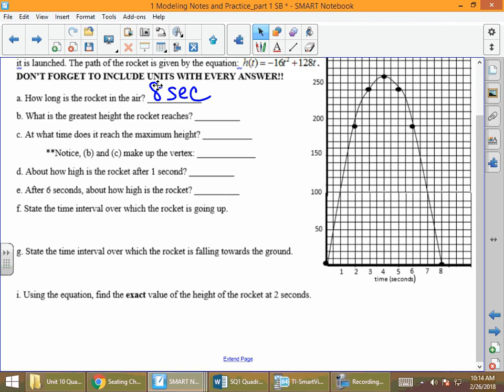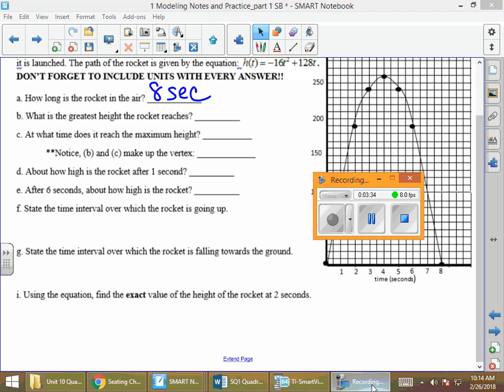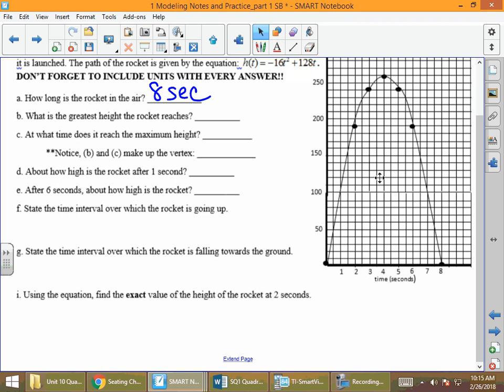So the next question says, what is the greatest height the rocket reaches? So we're looking at our tallest point in this graph, which is at the very top of this graph, and it looks like our increments go in 10, so this is 260 feet.